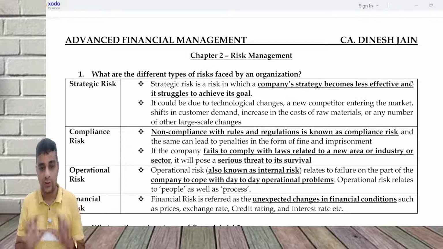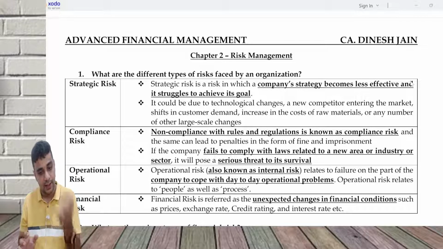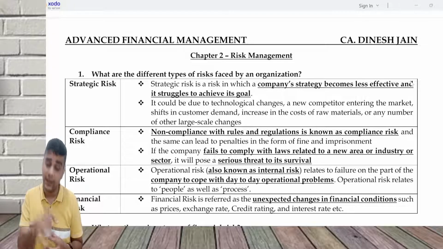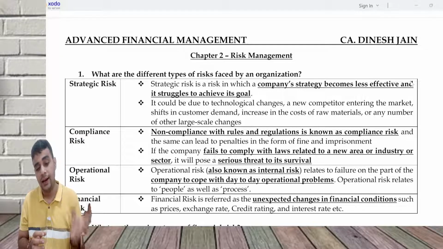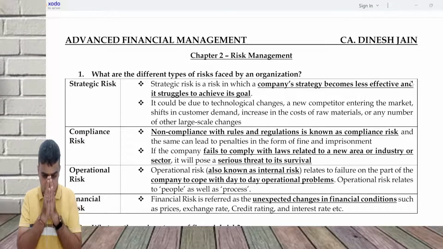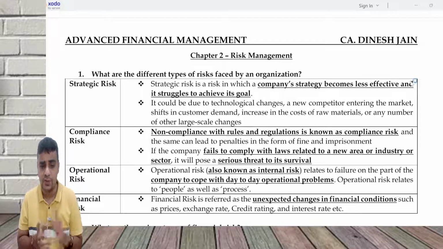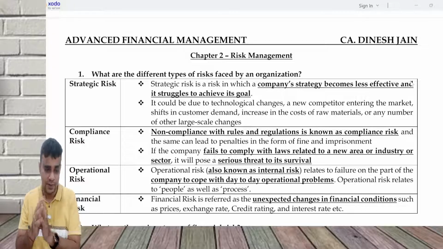So this chapter is all about understanding what is risk, what are the ways to eliminate risk, what are the ways to identify the risk, and also discuss a concept called value at risk, which is part of this chapter.